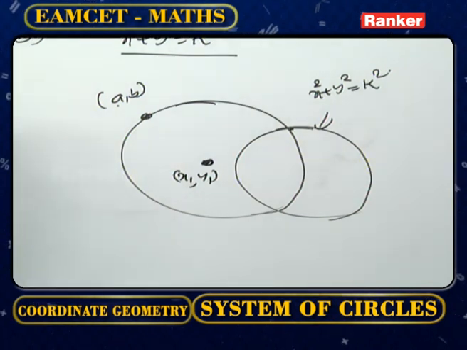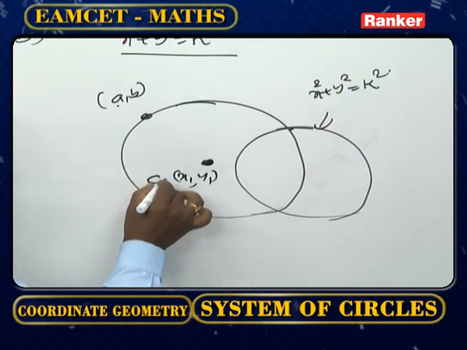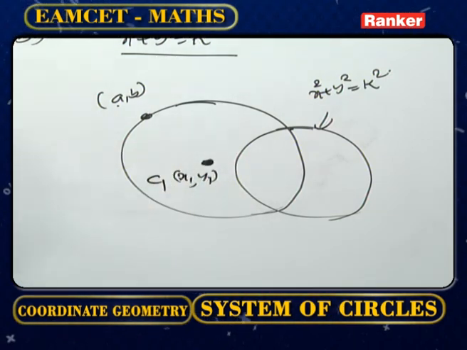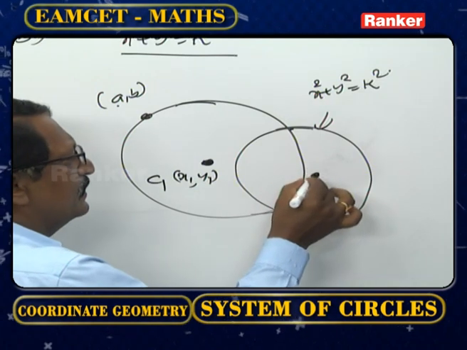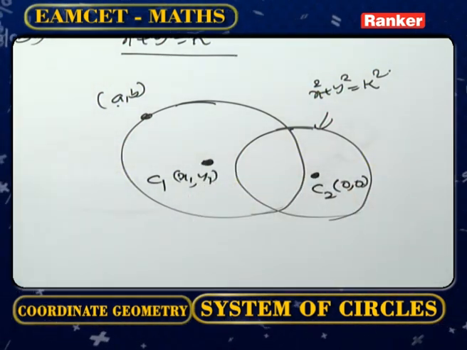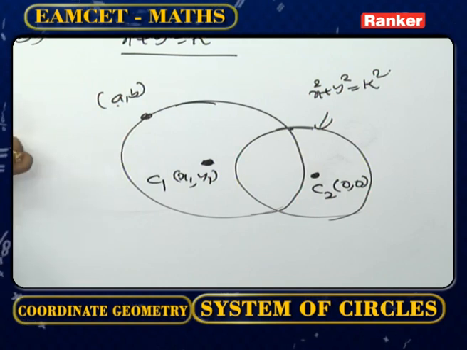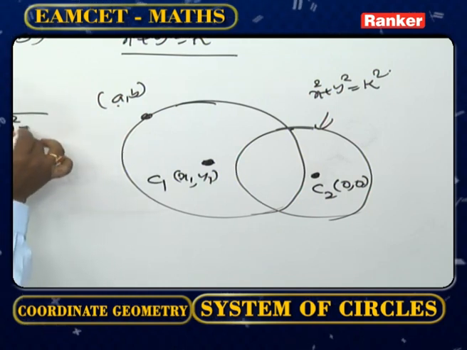Consider (x1, y1) as the center of the circle, the required locus of (x1, y1). The center of the given circle, considered c2, is the origin. Now the distance between centers |c1c2| = √(x1² + y1²).